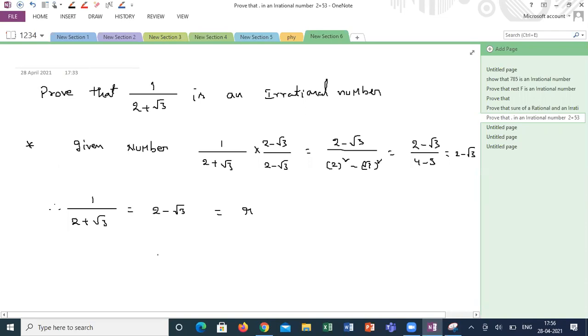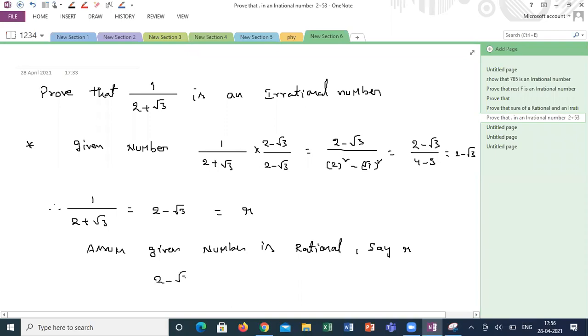Assume the given number is rational, say r.